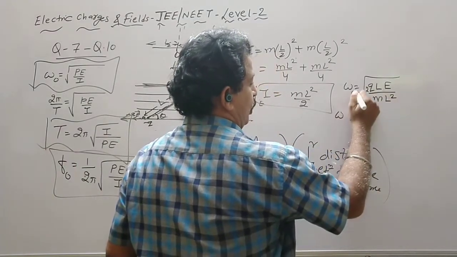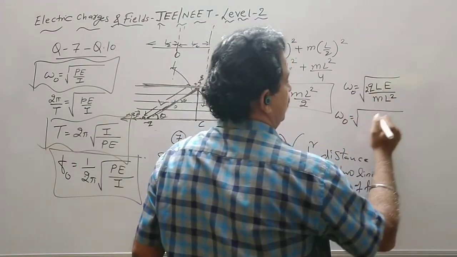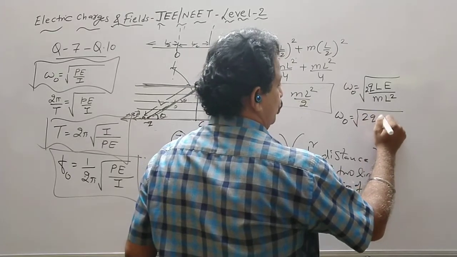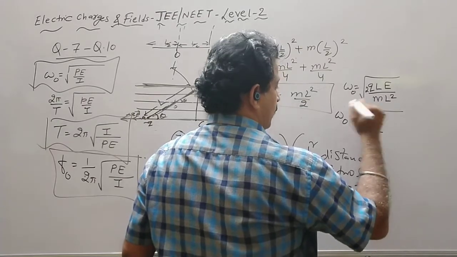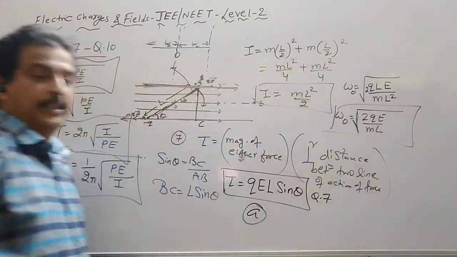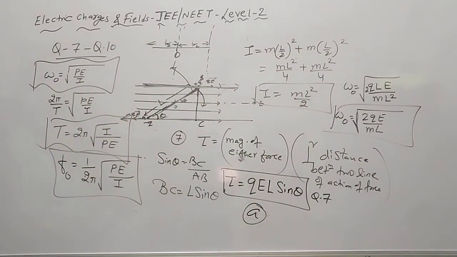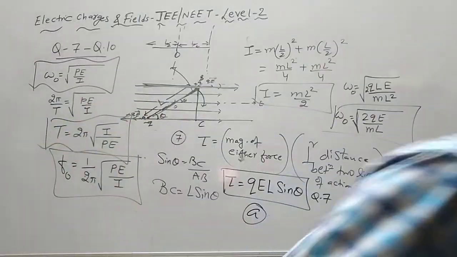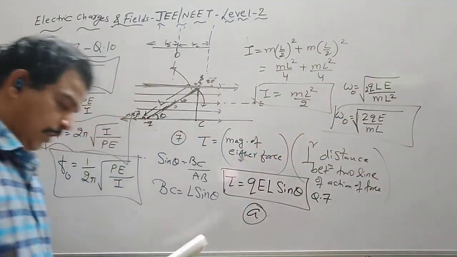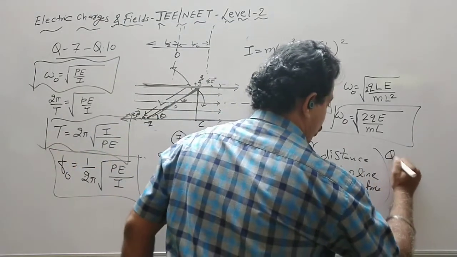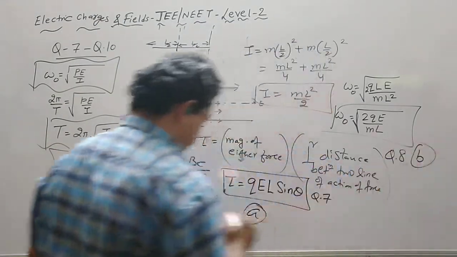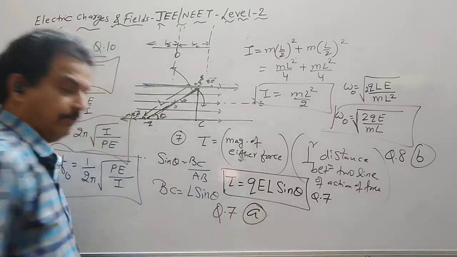So omega is under root 2 QE, 1 L is cancelled, under root 2 QE upon ml. In these questions they have given the moment of inertia. So that is under root 2 QE upon ml, and for question 8 the option is B.